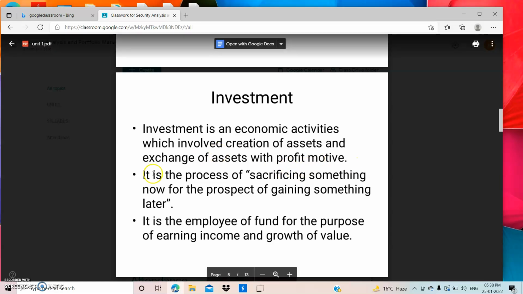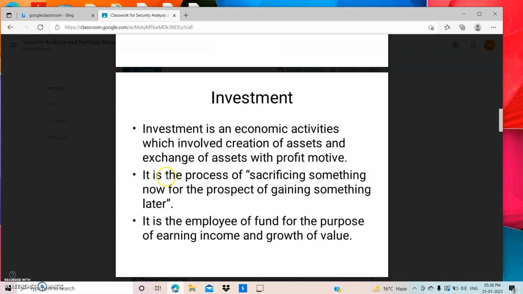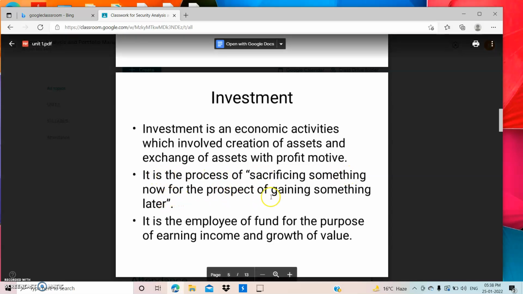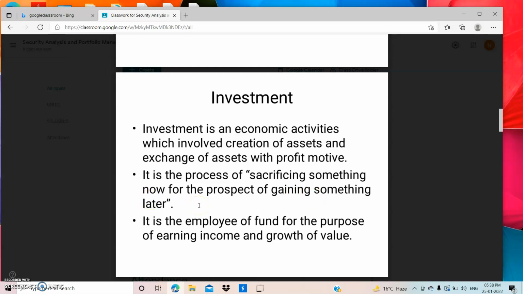Investment can also be defined as a process of sacrificing something now for the prospect of gaining something later. If you have invested your money in a company or in a bank account, that means you are sacrificing your needs right now in order to gain later on.